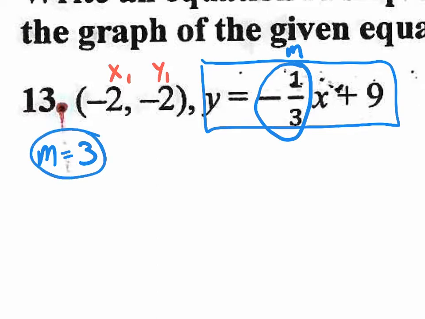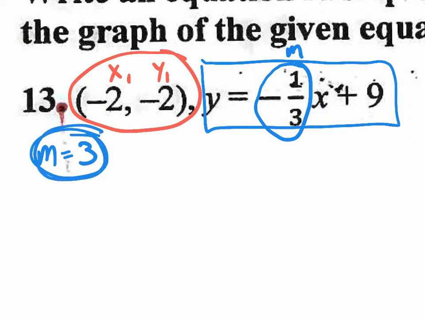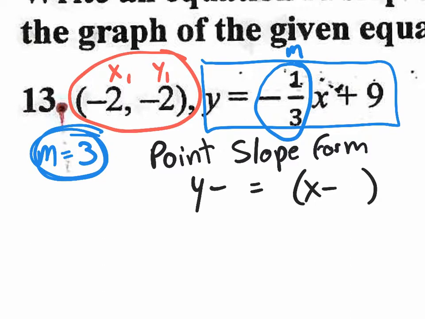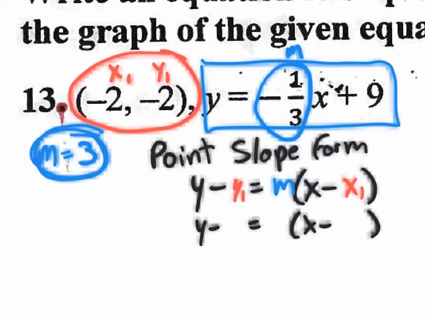Now if we have a point, which we do, and we have a slope, which we do, what is the best option? Point slope. That's right. Point slope form, which is y minus y1 equals m parenthesis x minus x1. And let's actually rewrite this point slope form with blank spots so we could plug in our values.